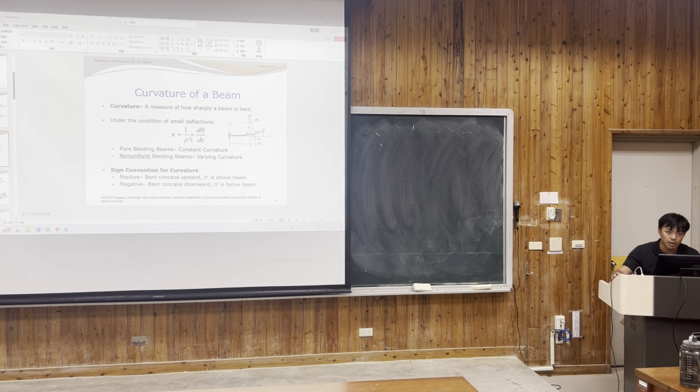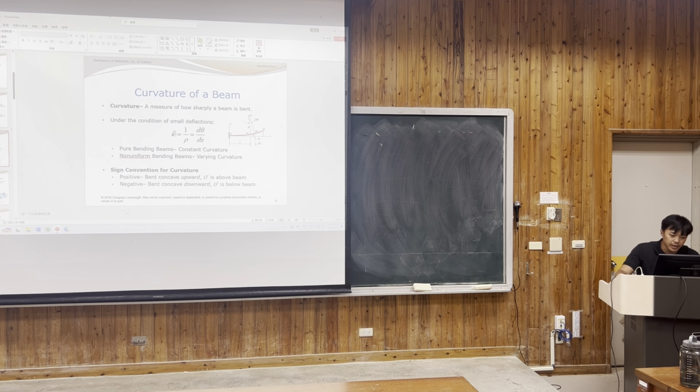This is the assumption. So it doesn't really work when it is a really large deflection. So for conditions like this, d theta over dx will be what is it, kappa? Kappa. Yes, it will be kappa.